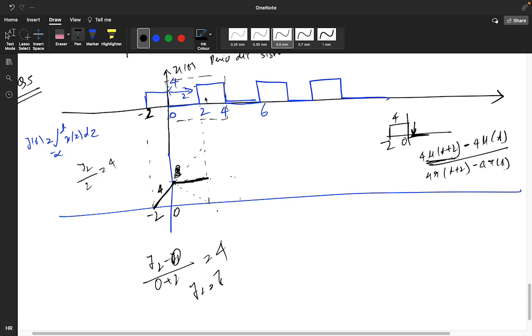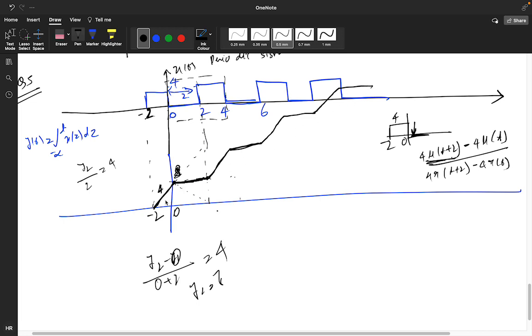Now I am getting a different curve. It starts from this, the pattern will be the same, but it starts from here. You are seeing this. So the pattern will be the same: it will go like this, then bend like this, then again the same pattern, go like this, bend like this.